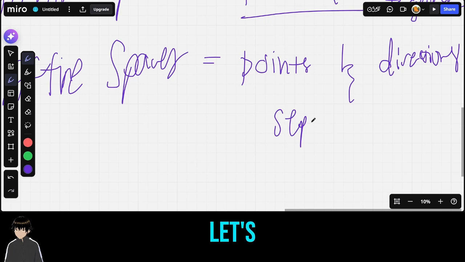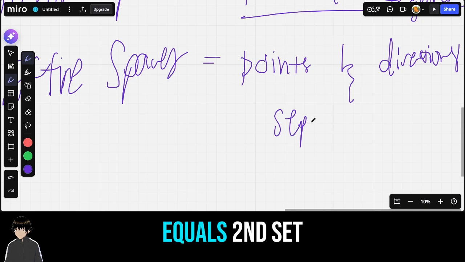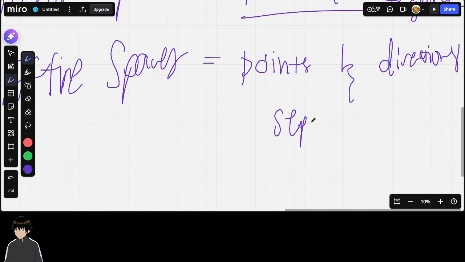So let's just use the variable given to us. Let P equal the first set of points, and Q equals the second set of points.